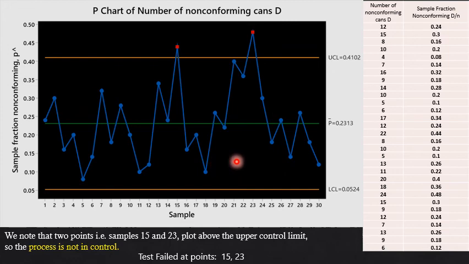We can note that 2 points, sample 15 and sample number 23, plot above the upper control limit, so the process is not in control. The test failed at sample number 15 and sample number 23.